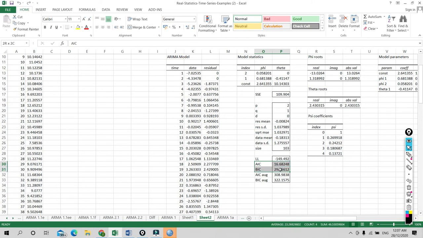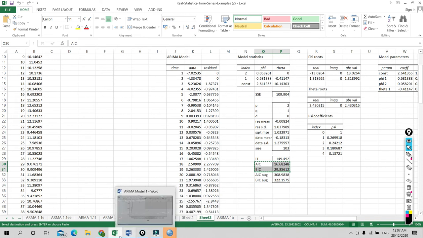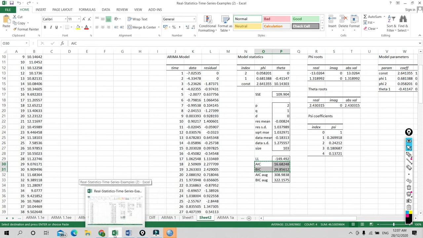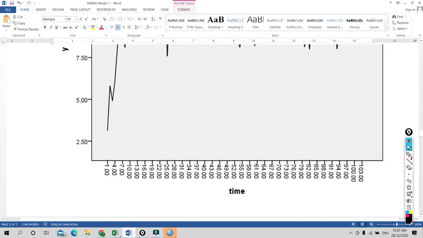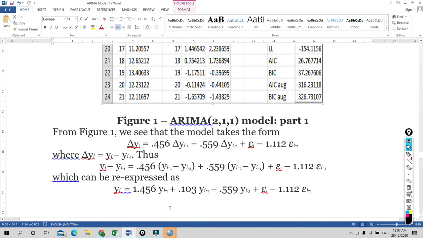So I just copy here. This is for control, say control C here. I just copy into this part.